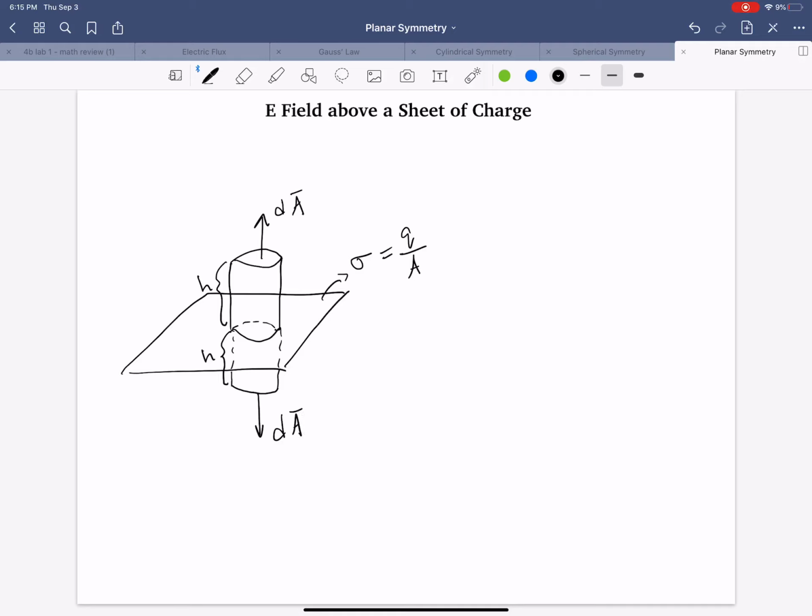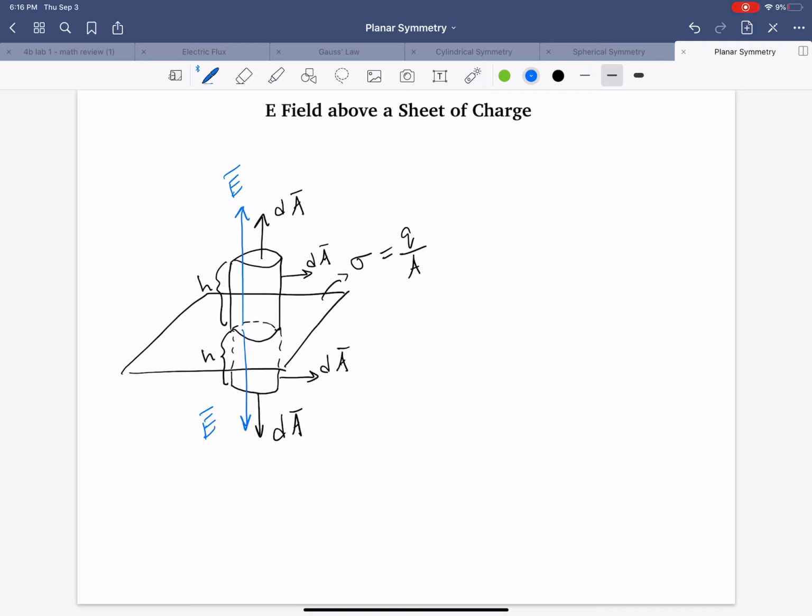And the sides, well, go outwards. Right? This sheet of charge has an electric field that's going up, that's creating a field going up and going down. It's some sheet of some plus charge.